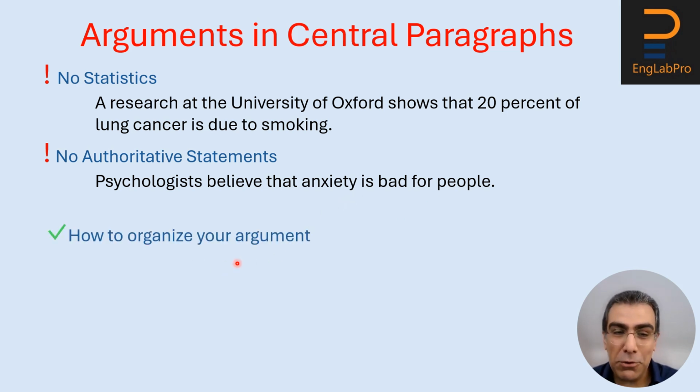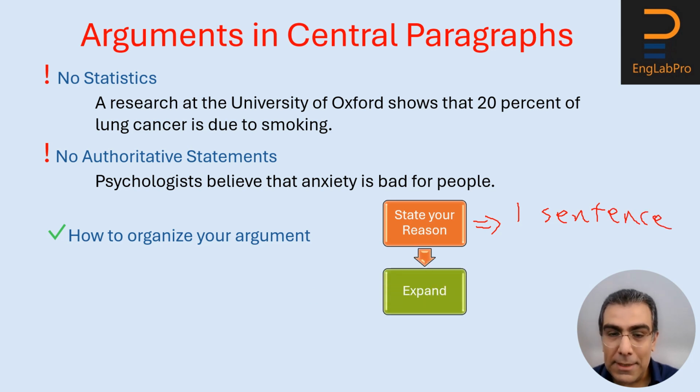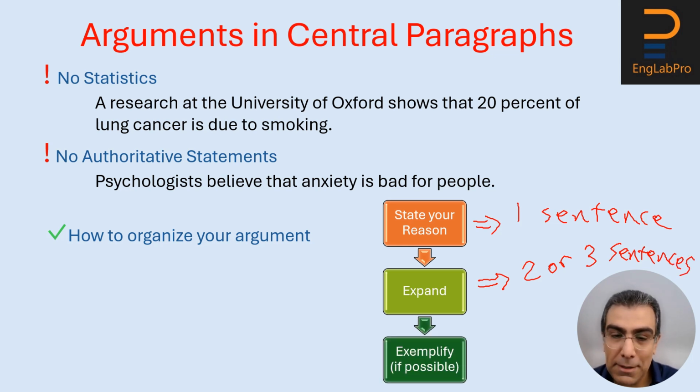So how should you organize your argument? Well, first of all, you should state your reason in one sentence. Then you should expand that in 2 or 3 sentences. And then, if possible, you should exemplify that in 1 or 2 sentences.